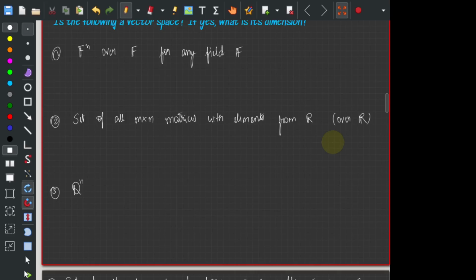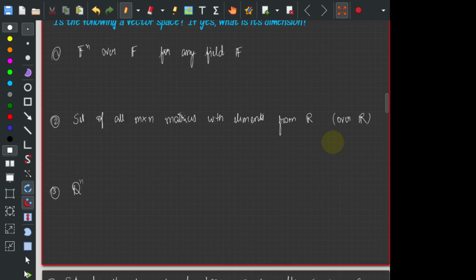If A is a matrix, then minus A is its additive inverse. What about scalar multiplication? Is it associative? It is. Is it distributive? Yes. If I multiply 1 with a matrix, what do I get? The matrix itself. So it satisfies all the properties of a vector space. So it is a vector space.